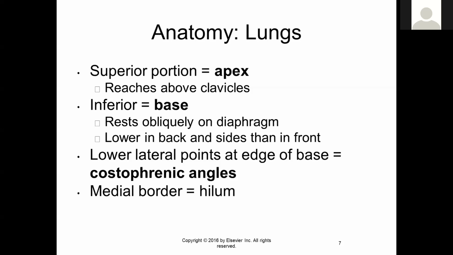This is required for your chest radiographs. If you do not have both costophrenic angles visible, you must repeat the image. There's also the medial border of the lung. This is the part where the bronchi enter the lungs, known as the hilum.